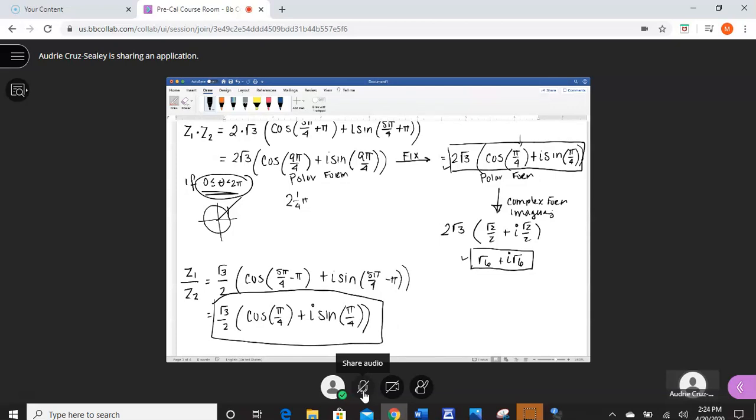So you don't have to fix it. All you did was divide the r values, and then you subtracted the angles because you're dividing. And if it wanted you to put it in imaginary form, you would just convert the cosine pi over 4 and sine pi over 4 into square root of 2 over 2, and then distribute your r, and that would be your answer.